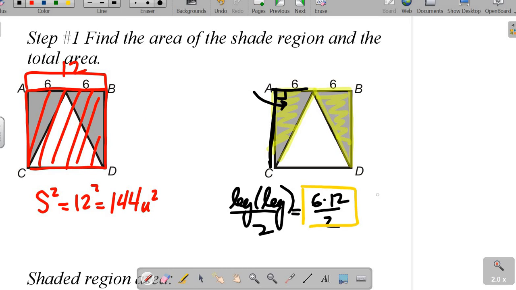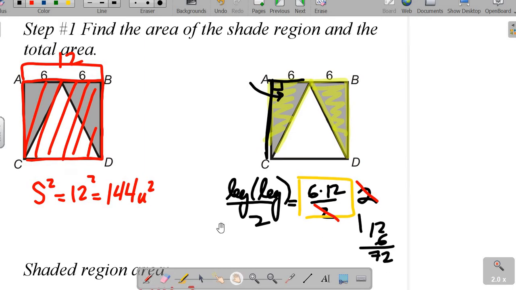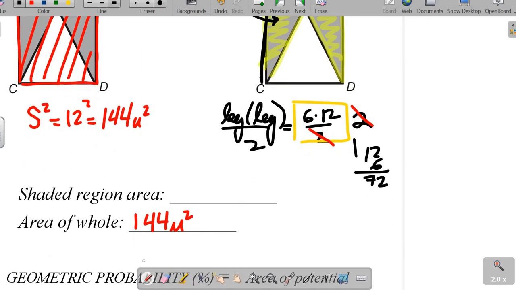Then we times by 2 because we have 2 of them. When you multiply this out, those 2's cancel, so we're basically doing 6 times 12, which is 72. So the area of our shaded region is 72 units squared.